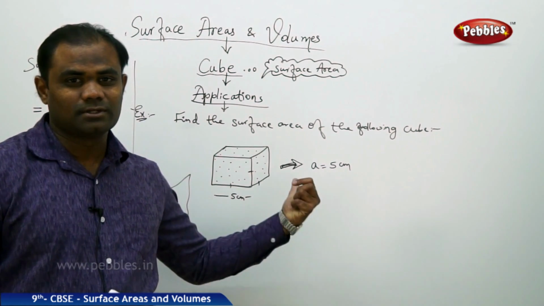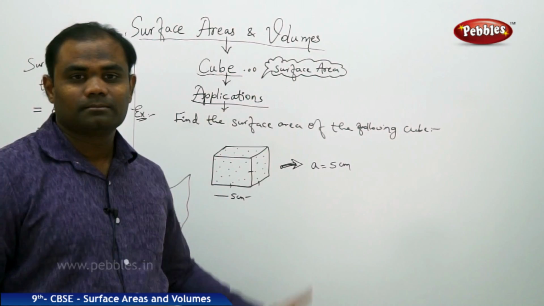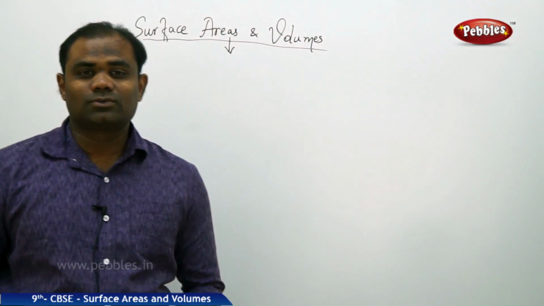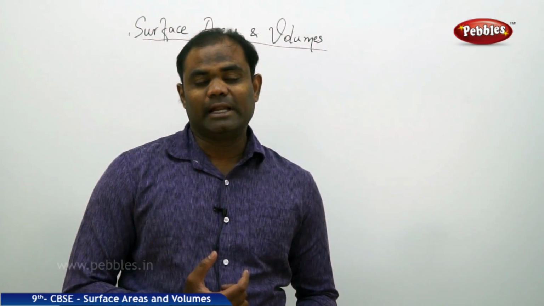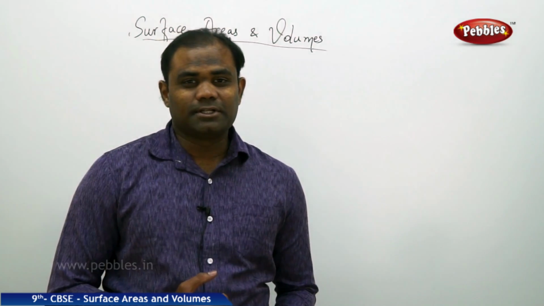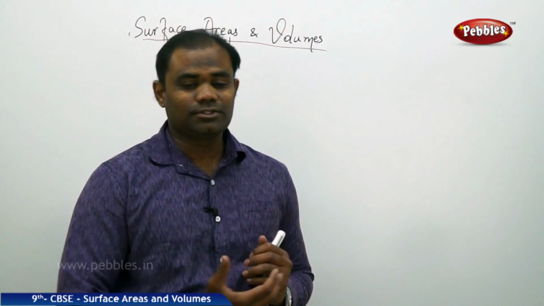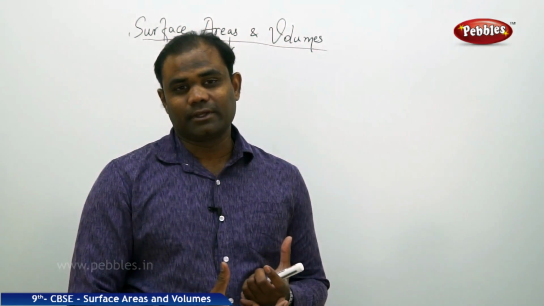Applications of surface area of a cube through an example problem. Now that we have discussed total surface area of a cube, now comes the question on lateral surface area of a cube. As we have seen, the definition of lateral surface is the area of each of the faces which are on the side, excluding the top and bottom faces.